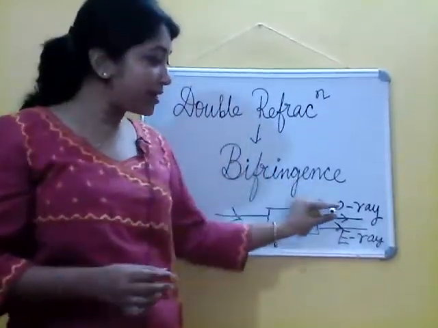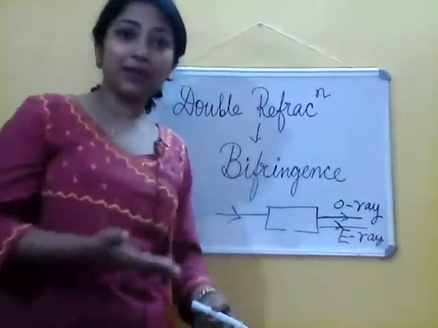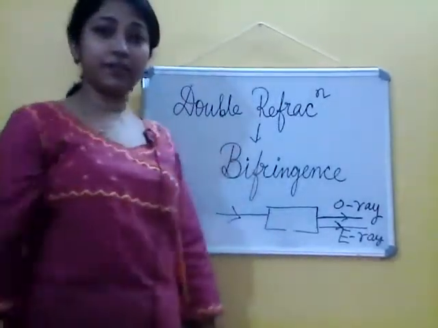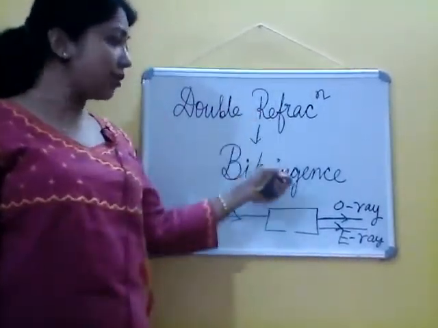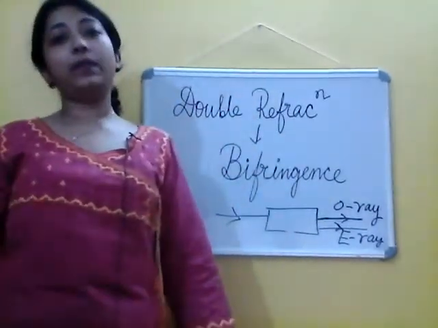If the plane of vibration for this one is along this direction, this will be along a 90-degree perpendicular direction. So this happens. This is called double refraction, or birefringence. This is also a naturally occurring phenomenon.